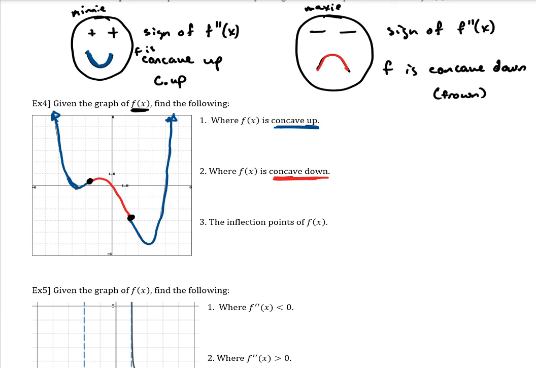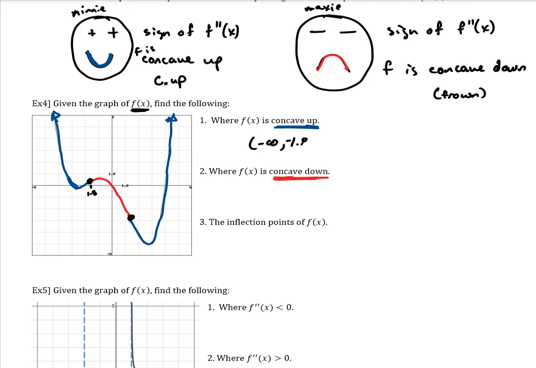So we write it as an interval. Wherever I have blue is where it's concave up. So left forever, so that's negative infinity to, what do you think that is? 1.8 on our x. It's an estimate, so you could say 1.5, you could say something different.